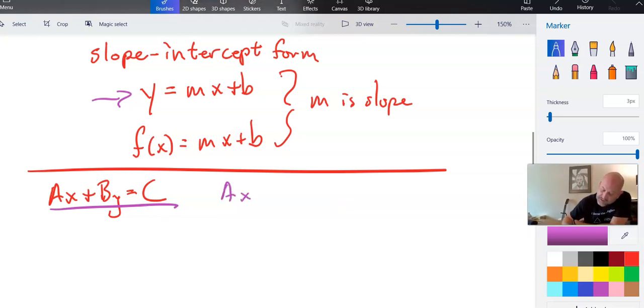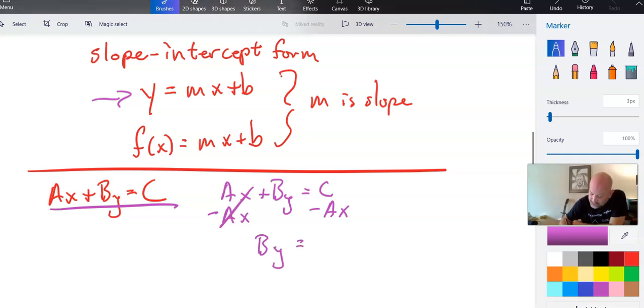I'm going to take ax plus by equals c, and I want to get y by itself. So I'm going to subtract ax from both sides. So that cancels, and I end up with by is equal to negative ax plus c.